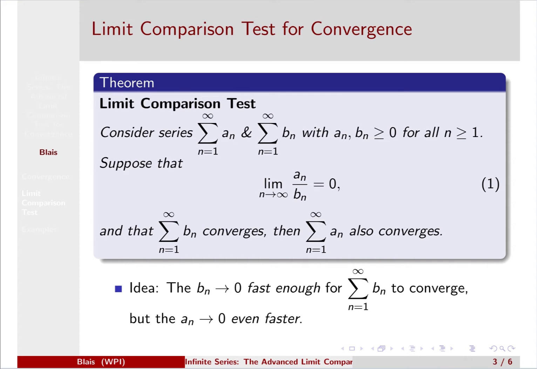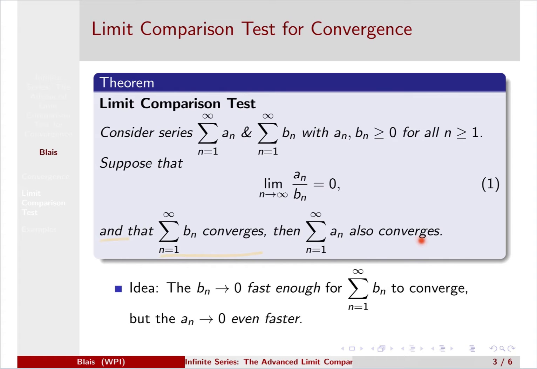So this version of the limit comparison test says we have two series of positive terms, a sum of a sub n's and a sum of b sub n's. All are non-negative, for n greater than or equal to 1. And suppose that the limit as n goes to infinity of a sub n over b sub n is 0, and that the sum of the b sub n's converges.